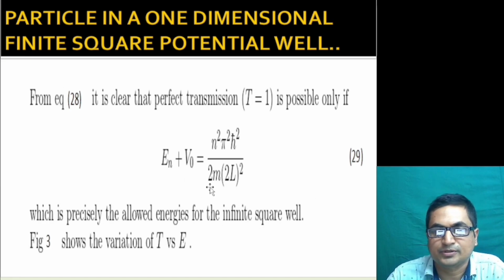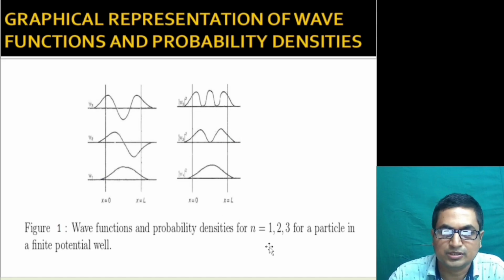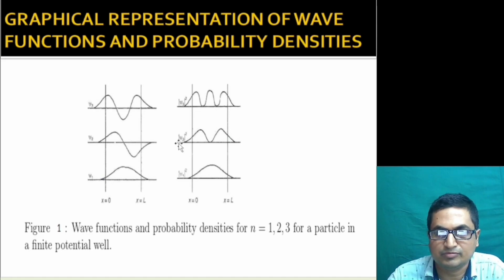So this is what happens for scattering states, with the energy levels given by equation 29, and we have some wave functions here for n equal to 1, n equal to 2, n equal to 3, and on the other side we have these probability densities.